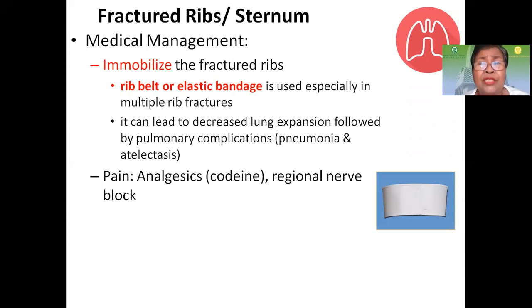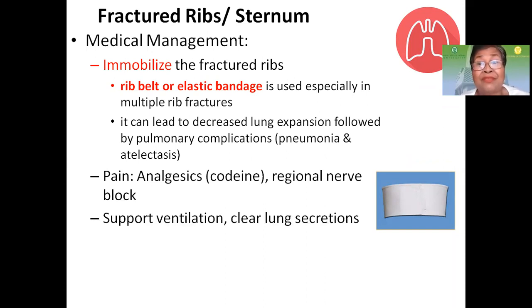So, it is associated with pain. So, therefore, assure the patient that analgesic will be given. Okay? So, narcotic analgesic can help na, makakatulong na sa pasyente. And of course, we have support ventilation, clear lung secretions. No? Kung may hypoxemia, moderate to severe hypoxemia, baka kailangan natin ng artificial airway. No?